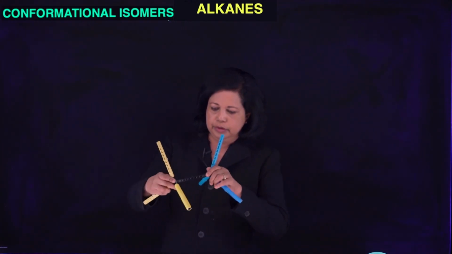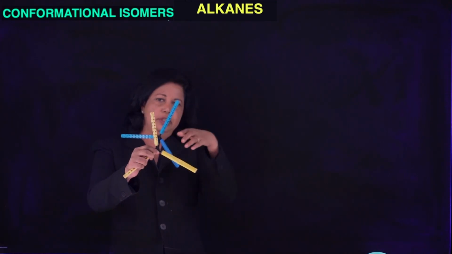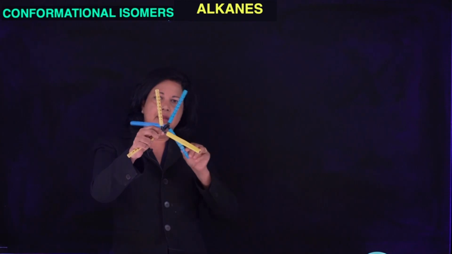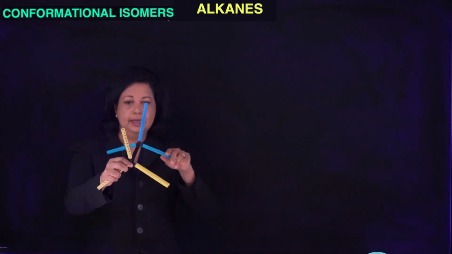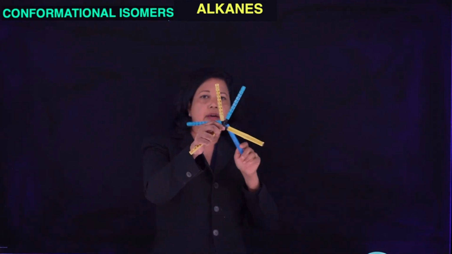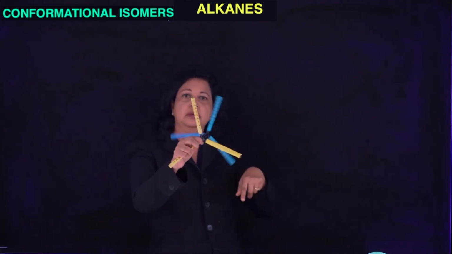So when you rotate this molecule, each time you rotate, there's a different spatial arrangement between the atoms within this molecule, or groups of atoms. Each one of these is called a conformer or conformational isomer. Sometimes they even call them rotamers.